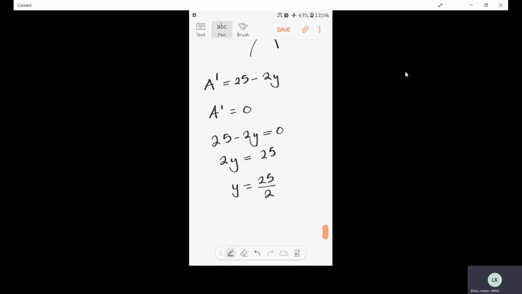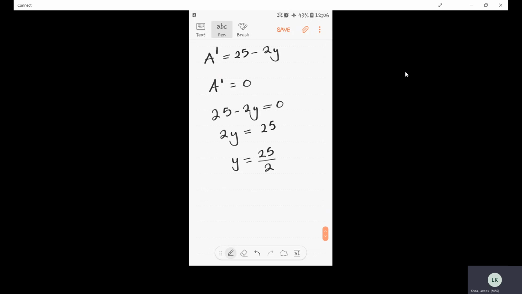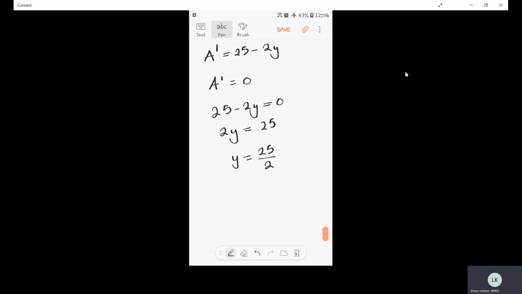Okay, now if y is equal to 25 over 2, I need to test it to make sure that it is a maximum. So my second derivative, which is A double prime, this is the derivative of the first derivative. So the derivative of 25 is 0, the derivative of minus 2y is just negative 2.